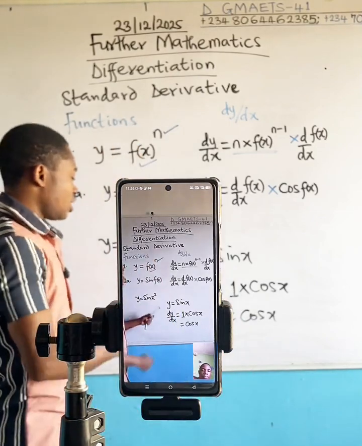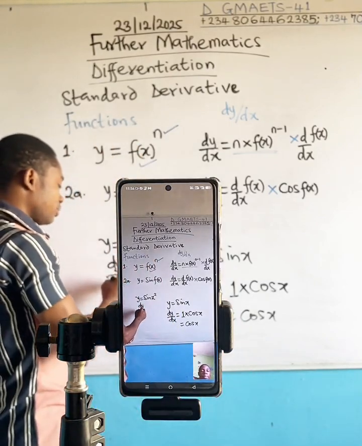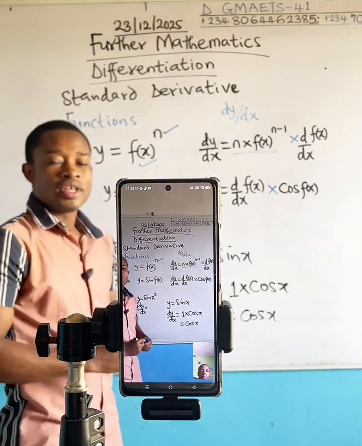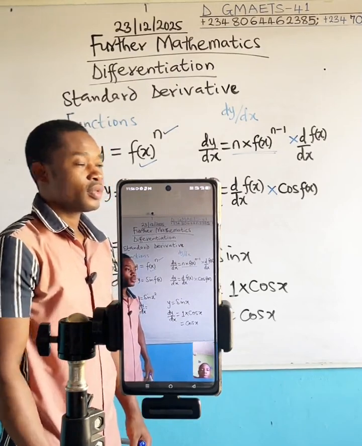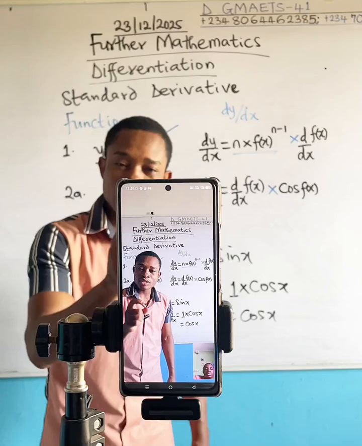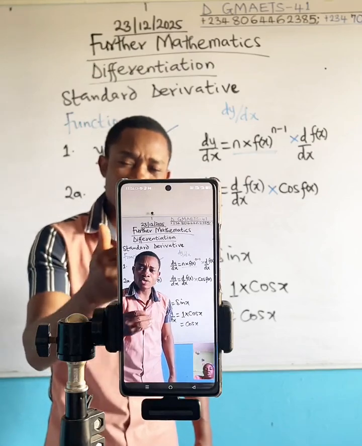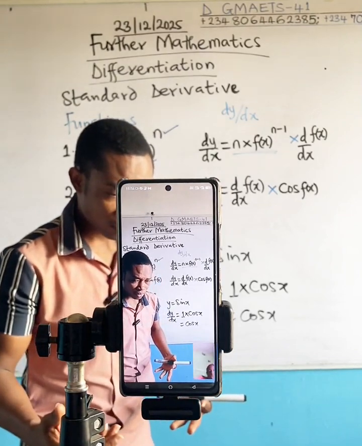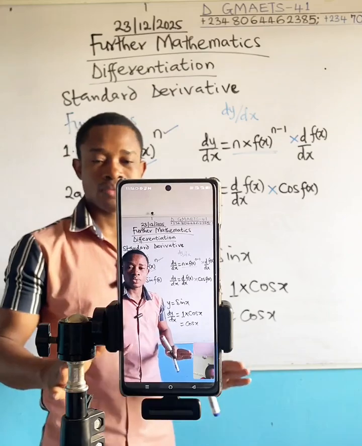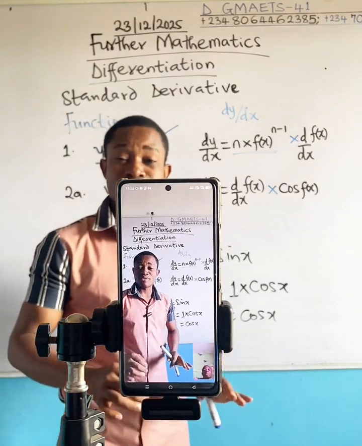Okay, look at this. Let us get the dy/dx without wasting time. What is the minor function here? X squared. Is the minor function still in its basic form, like when you are reading your ABCD? Is it still in that basic form? No. So you must differentiate it. You do the derivative of the minor here.